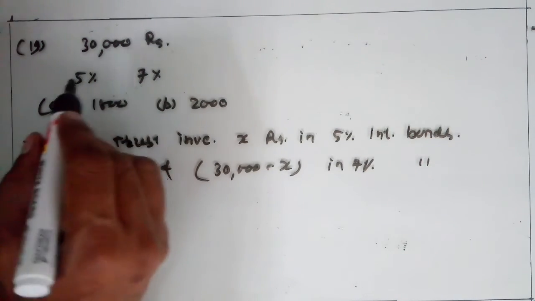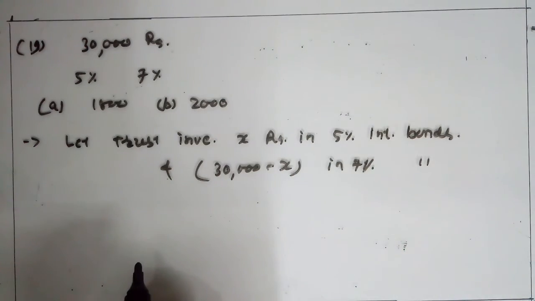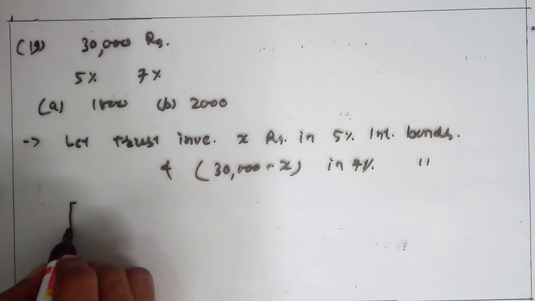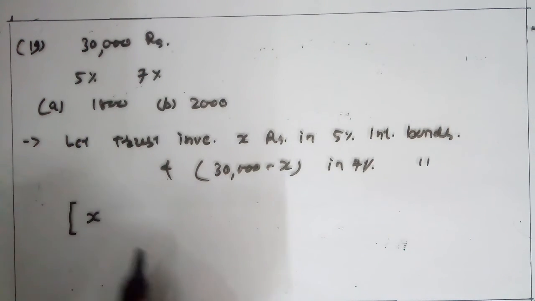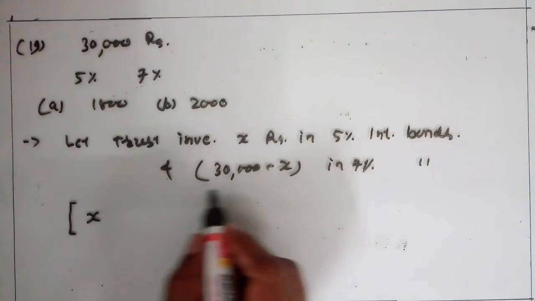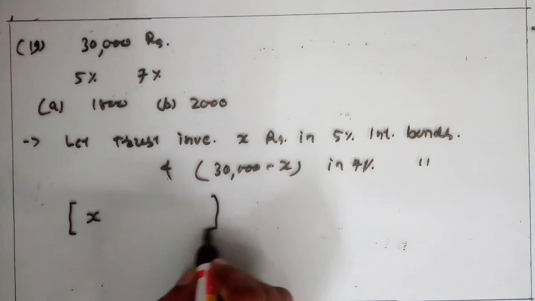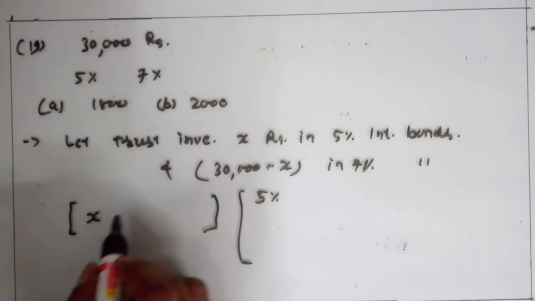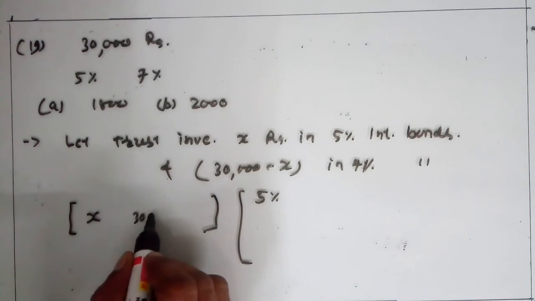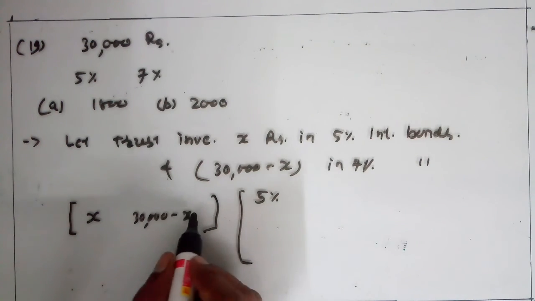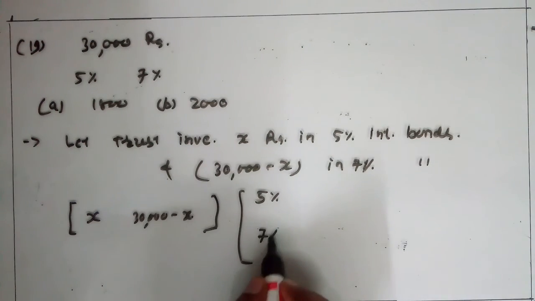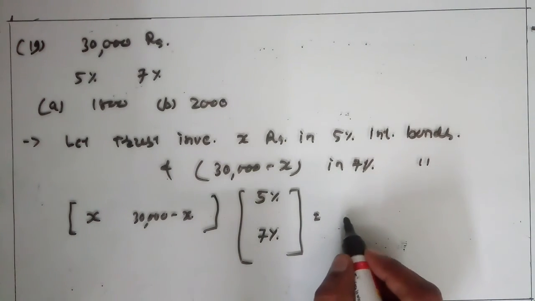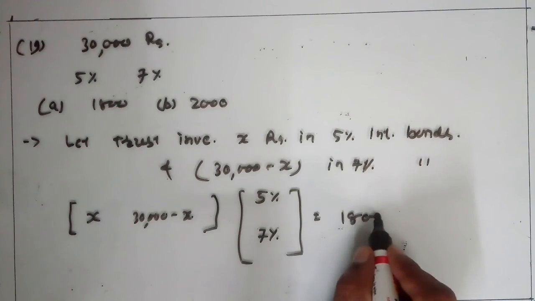Here the rates percent are given as 5% and 7%. So change into matrix multiplication. X invested in 5%, and 30,000 minus X in 7%. So we get a total interest of 1800.